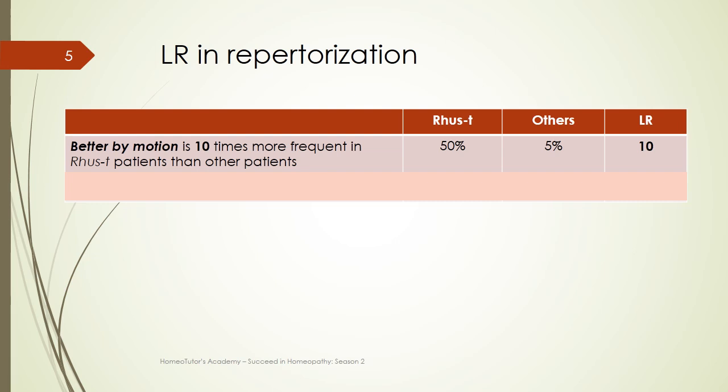So suppose we say that the number of patients who are better by motion are 10 times more frequent in Rhus tox than other patients, then we can say that the likelihood ratio is 10, because if this happens 50% of the time in Rhus tox patients and only 5% of the time in other remedy patients, then 50 divided by 5 works out to 10. So that is how the likelihood ratio can be worked out.